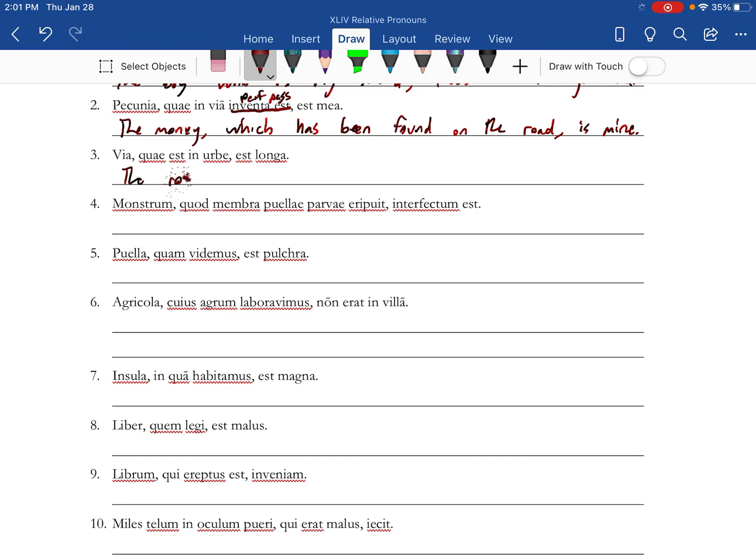The road, quae, which is in the city, is long.